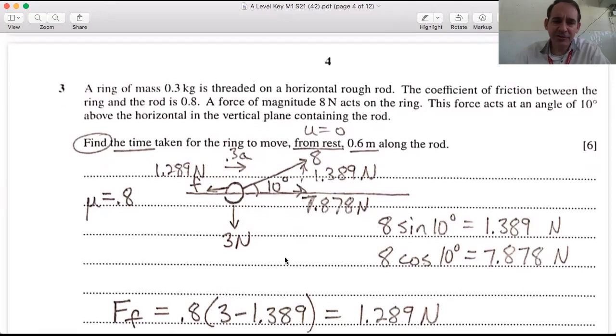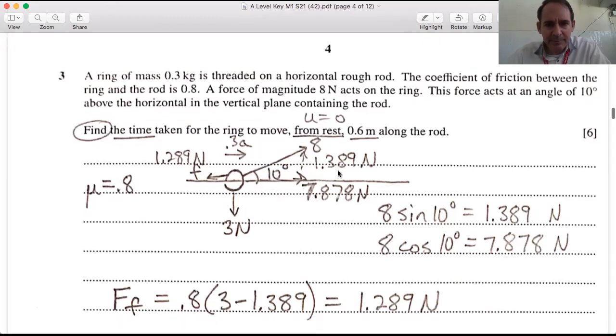So again, first start with the diagram. Here's my rod. Here's my ring going around the rod. Because it is a rough rod, there's a friction force pointing to the left, because my force that's acting on the ring, the 8 newtons, is to the right at 10 degrees to the rod.